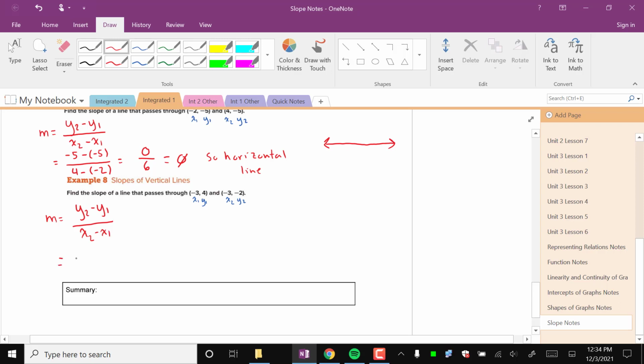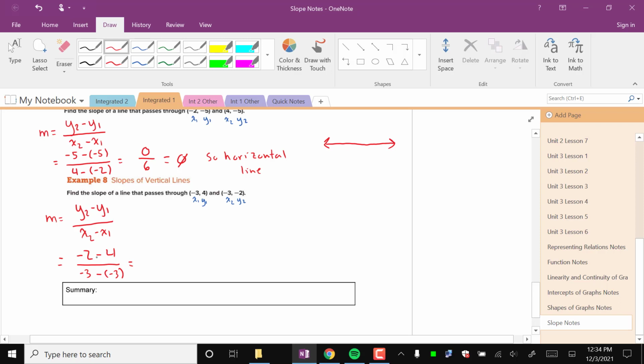I have them, so I'm going to plug them in. Negative 2 minus 4 over negative 3, because that's what my x2 is, minus negative 3.